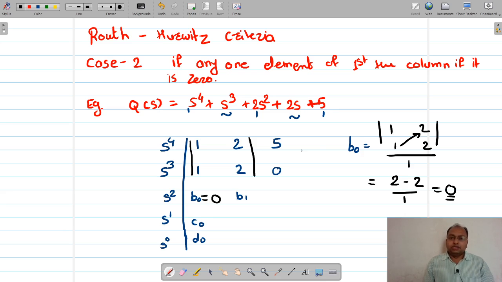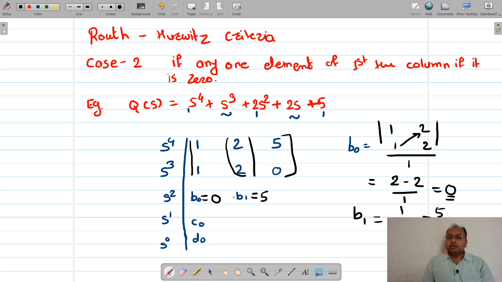Let us calculate b1. For b1, we exclude these two elements and include these two, that is 1, 1, 5, 0, divided by 1. 1 into 5 is 5, and 5 divided by 1 is 5, so this is coming as 5.